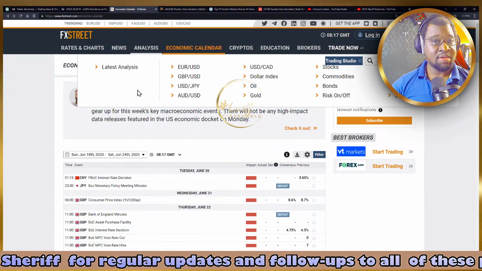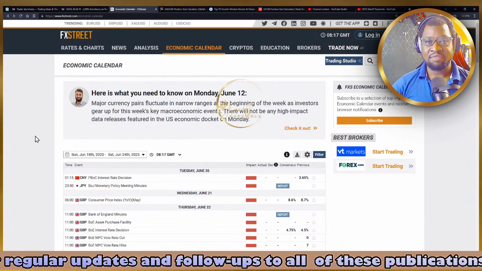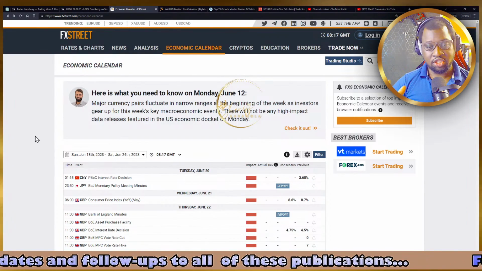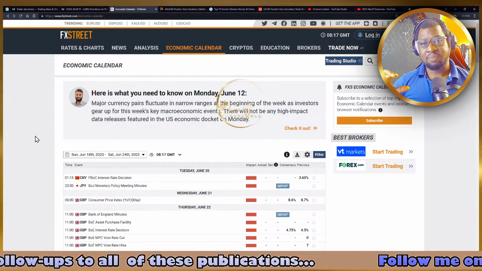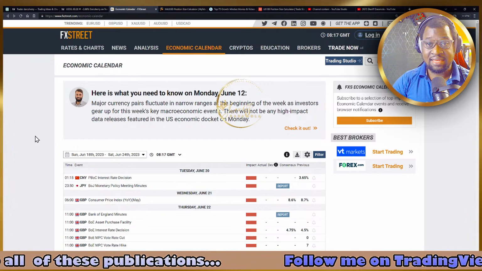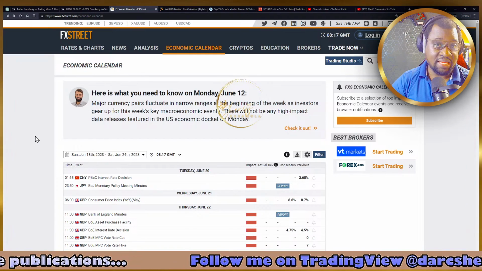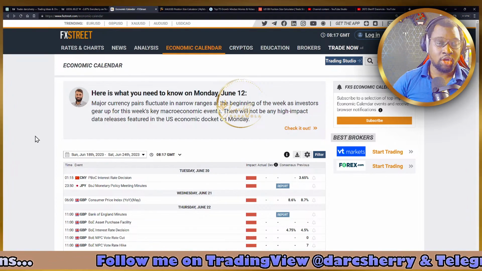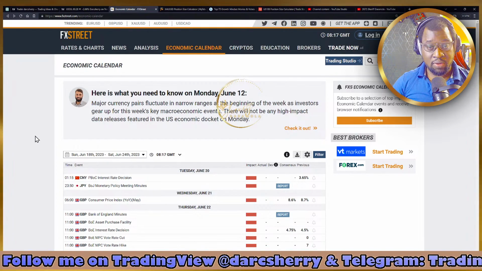And if you have been monitoring the current price movement on all the instruments we have been monitoring, you will see that there's been a lot of fluctuation, and price action is ranging in most of the pairs. And one of the things that I will say is the reason behind this is probably because of the high impact macroeconomic events that we are looking forward to on all the major economic dockets across the global economy.